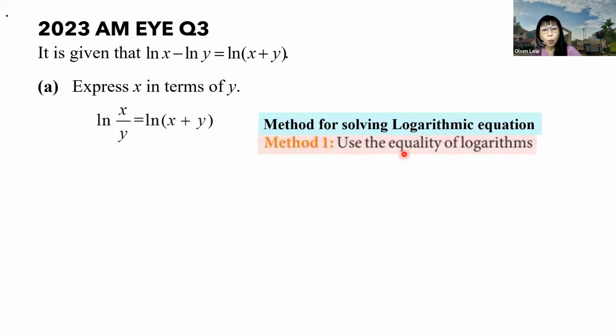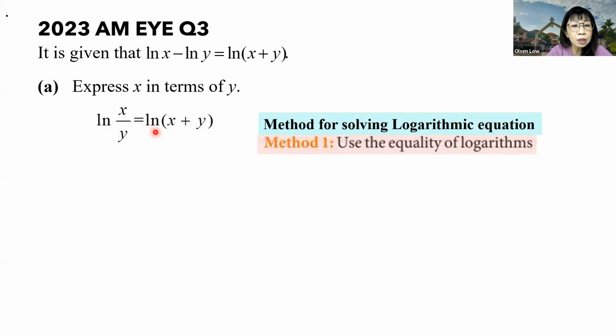Once we have this, we are going to apply method 1 of solving logarithmic equations, which is using equality of log. By using equality of log, we need to pay attention that both sides of the log function have exactly the same base.